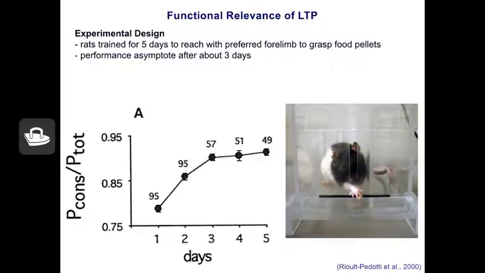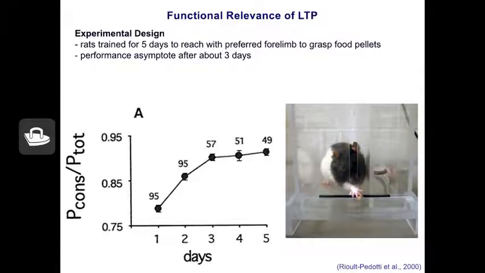However, if you place a rat into an experimental task situation where the animal has to reach and grasp with a forepaw, they will reliably use one preferred forepaw over the other.